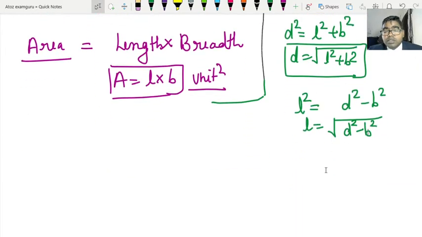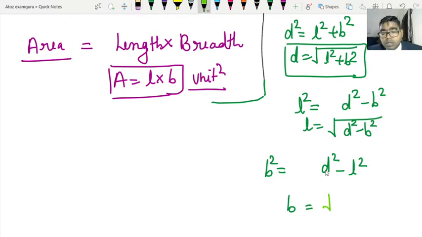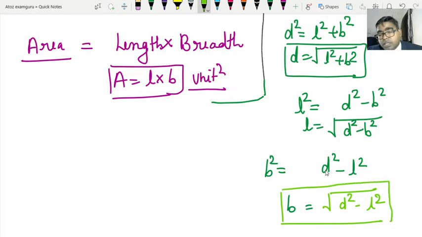Or B square equals D square minus L square, or B equals under root of D square minus L square, right? So if length or breadth is not given directly, but the diagonal and one dimension is given, by using this you can calculate the other dimension also.